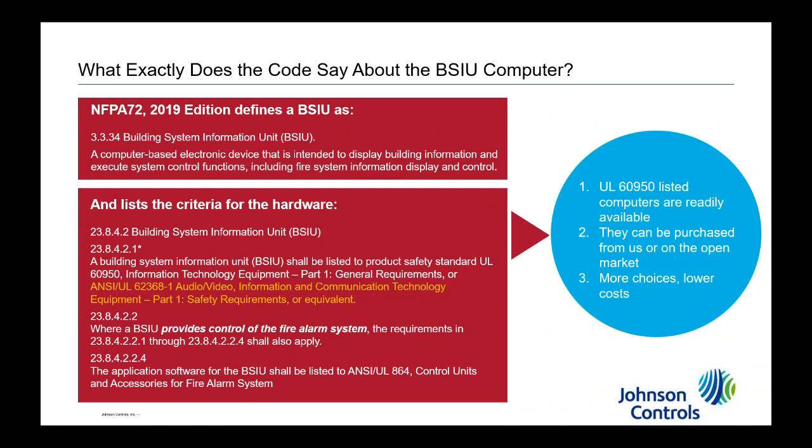As I said, the BSIU hardware has to meet UL 60950, and there are a couple other ANSI requirements as well. The second section we want to highlight is where a BSIU provides control of the fire alarm system, the requirements of these sections shall also apply. That talks about where the unit is mounted and things like that.